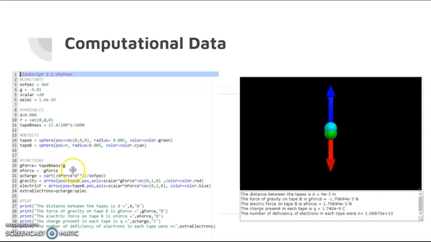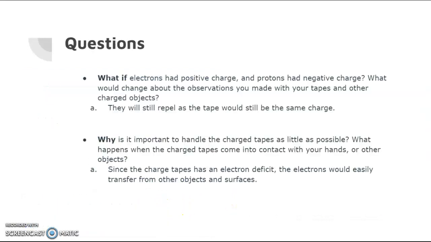And all these other calculations end up getting us the same result. The charge present in each tape is 1.74 times 10 to the negative 9 coulombs, and the number of electrons was 1.08 times 10 to the 10 electrons.